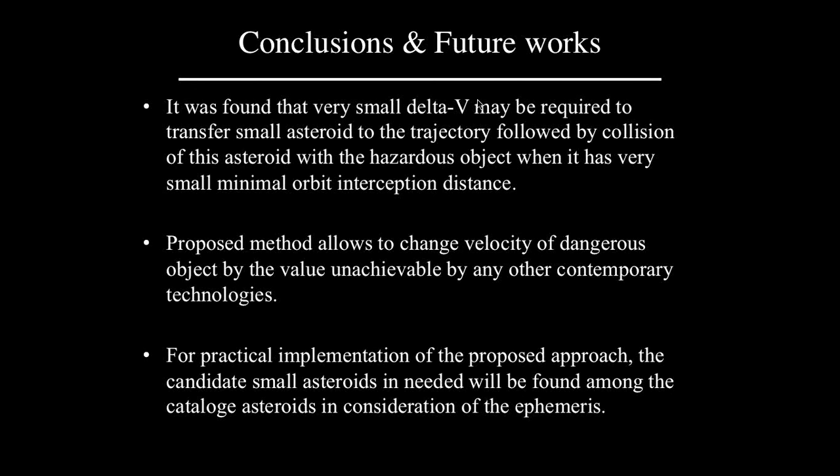The proposed method allows changing the velocity of a dangerous object by a value unachievable by any other contemporary technologies. For practical implementation of the proposed approach, the candidate small asteroid in need will be found among the catalog asteroids in consideration of ephemeris. Thank you.